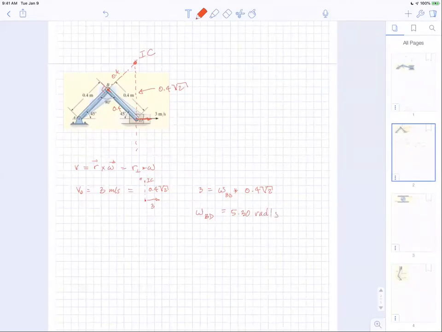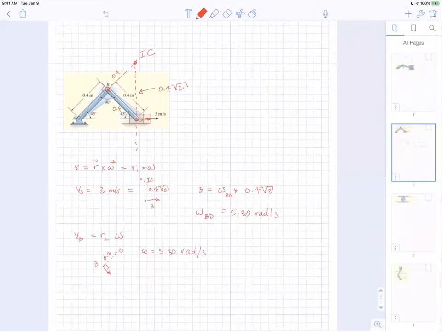Okay, what if they wanted to know the velocity of B? The velocity of B equals r perpendicular from the instantaneous center times omega, which we just figured out. That velocity is perpendicular to the arm from O to B, the instantaneous center to B, which had a distance of 0.4. We did the geometry for all of that. And omega was 5.30 radians per second.